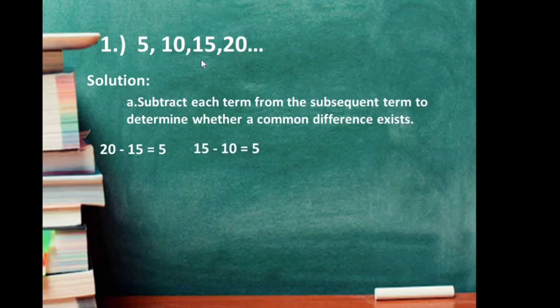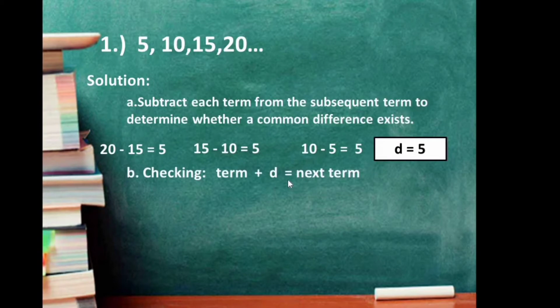We also have 15 minus 10, the answer is 5. We also have 10 minus 5 equals 5. So based on the example, class, as you can see, they have a common difference, and their common difference is 5.